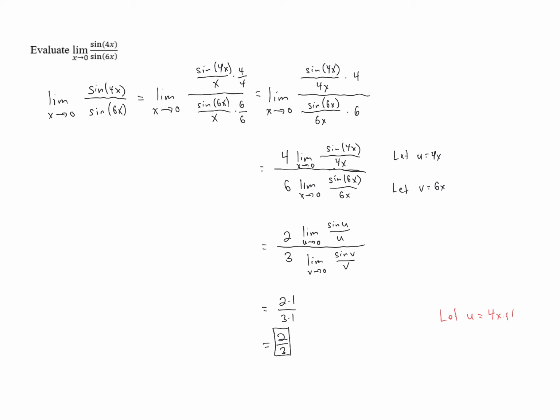So you have to be careful that you're not making a substitution that sets things up so that u is approaching something other than 0. So we've got to be careful here. This substitution wouldn't work. But so long as you're making a substitution where the u is also going to 0, and you can see that you're going to end up with the limit as u approaches 0 of sine u over u, then honestly, I think once you've got enough practice, you can do that last step in your head.